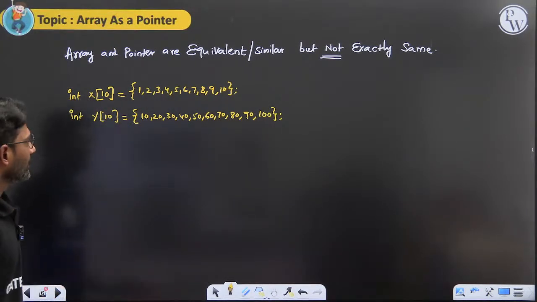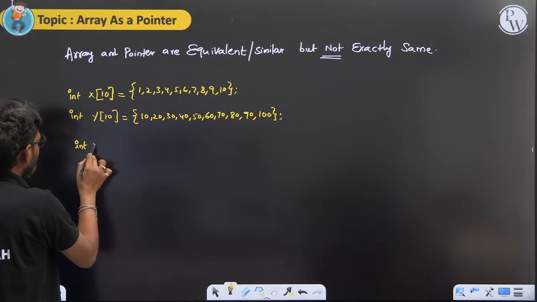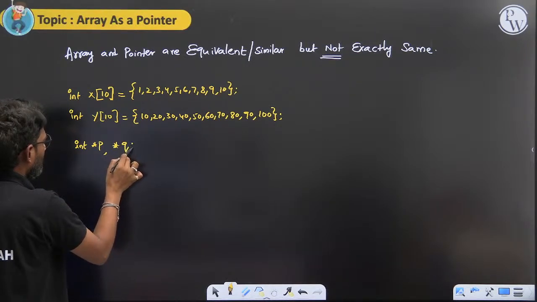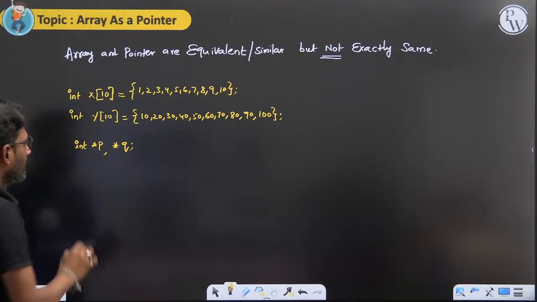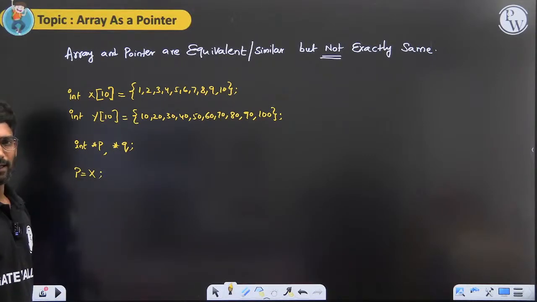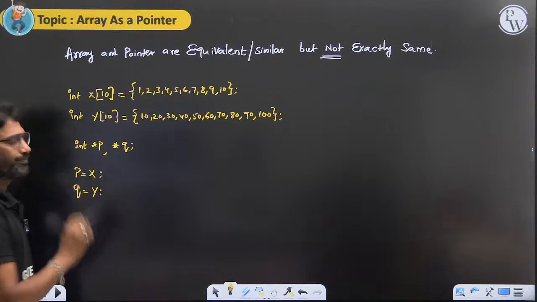Okay? Now I am taking one pointer P and another pointer Q. I am holding the address of X in P, and the address of Y in Q.